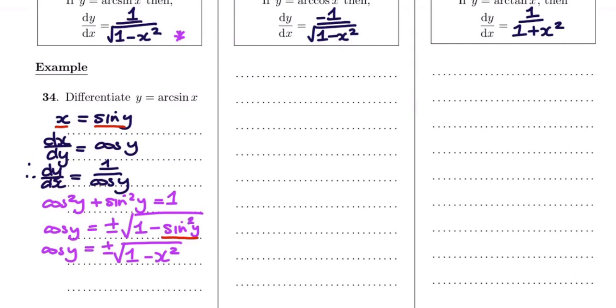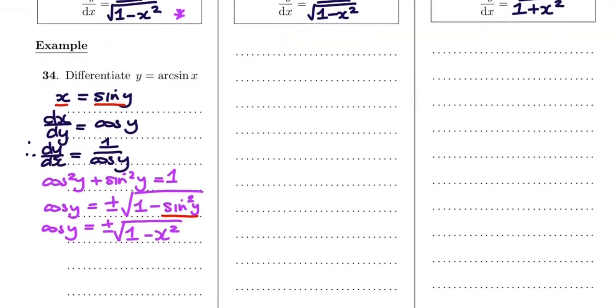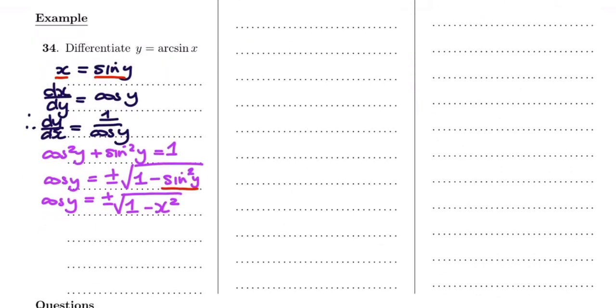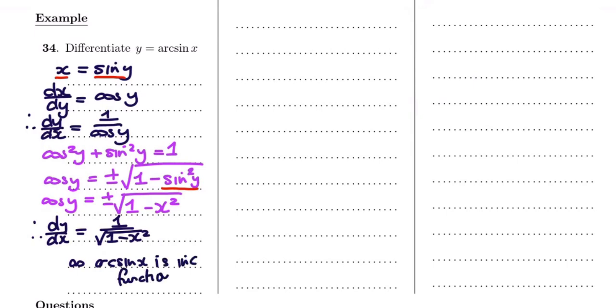So we then just take the positive one. Therefore, dy/dx equals 1 over the positive square root of 1 minus x squared, as arcsine of x is an increasing function.